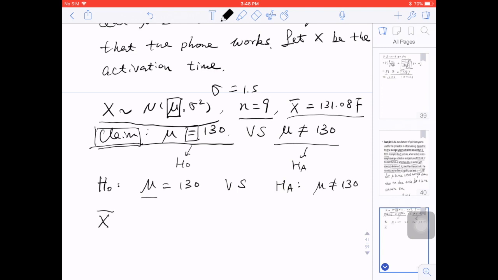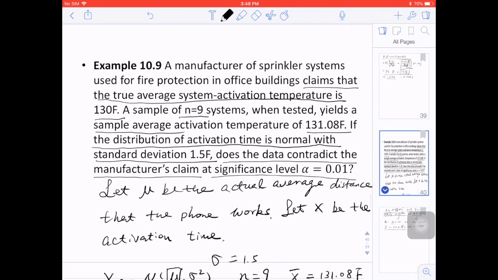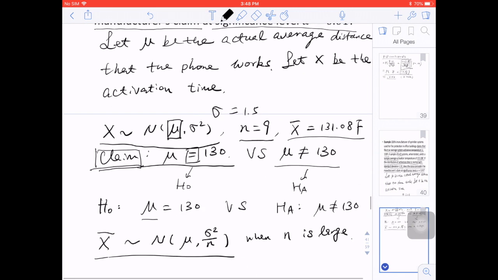In general, x bar should follow a normal distribution with mu and sigma squared divided by n when the sample size n is large, say larger than 30. If it's not larger than 30, you cannot have such a conclusion. This problem says the sample size is 9, so the sample size is not large, and you cannot apply this one.